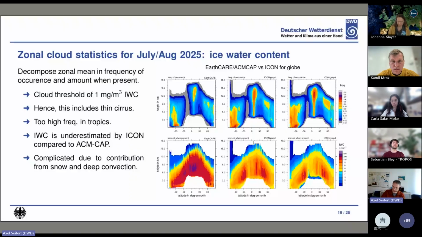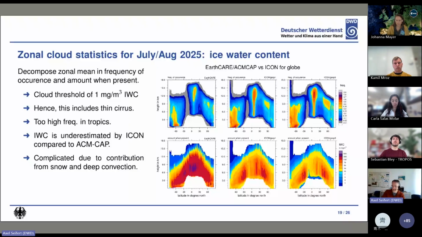But in contrast, we underestimate the ice water content in the amount when present quite significantly. But I would say that's the behavior that we usually see in large-scale models. The cloud fraction or cloud cover is too high, but the clouds tend to be too thin, and EarthCARE confirms that quite nicely.